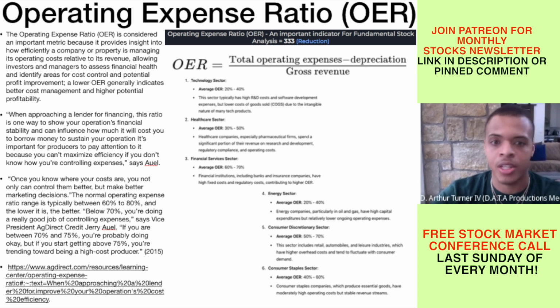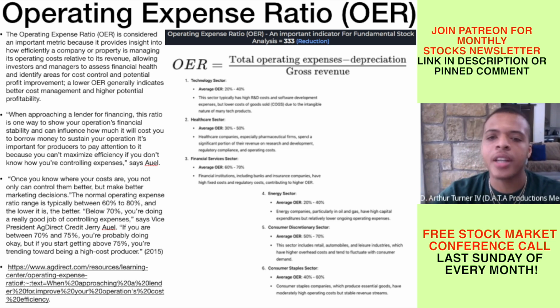The healthcare sector, the average OER is 30 to 50%. Healthcare companies, especially pharmaceutical firms, spend a significant portion of their revenue on research and development, regulatory compliance, and operating costs. In the financial services sector, the average OER is 60% to 70%. Financial institutions, including banks and insurance companies, have high fixed costs and regulatory costs, contributing to higher OER.